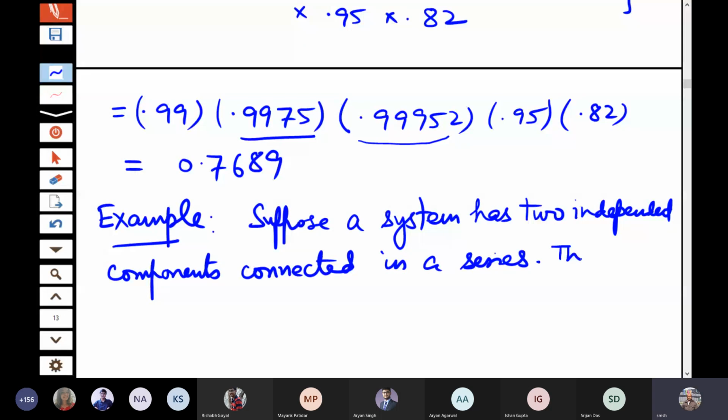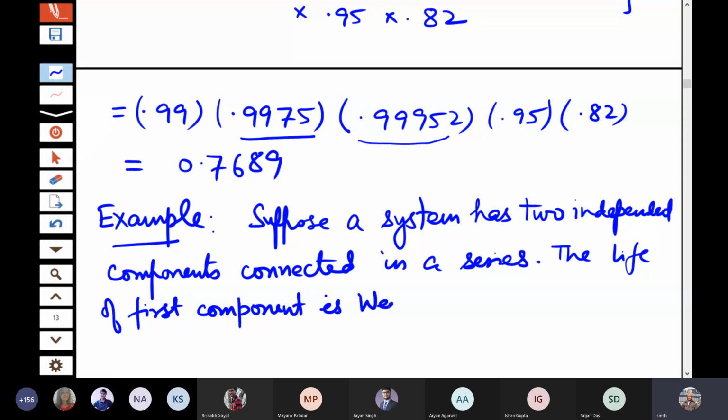The life of first component is Weibull with alpha equal to say 0.006 and beta equal to 0.5.